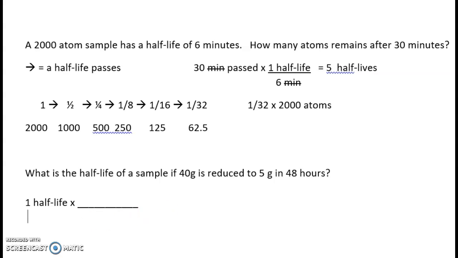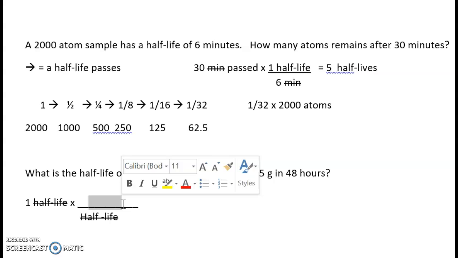Again, half-life is up there. We have to have half-lives down here. And again, these are going to cancel out, so we can strike them through. This up here is the 48 hours, because the half-life, remember, is a time.